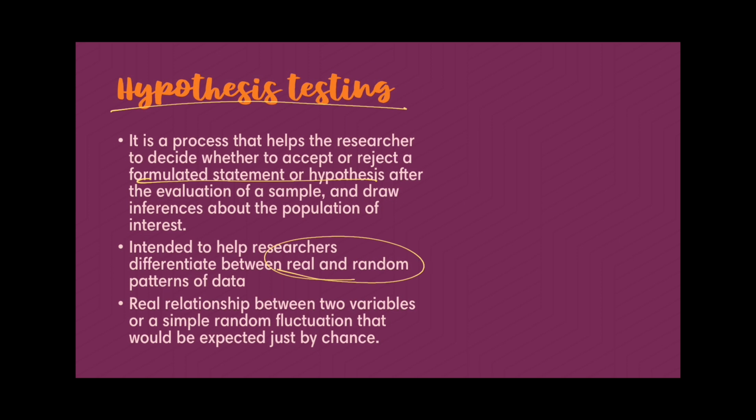Or maybe this is just something that nagkataon lang, that was by chance and by probability that this is the distribution of the values in the data set, but they don't really behave in a significant way such that variable A and variable B are correlated with each other. So that is what we are trying to test in hypothesis testing.